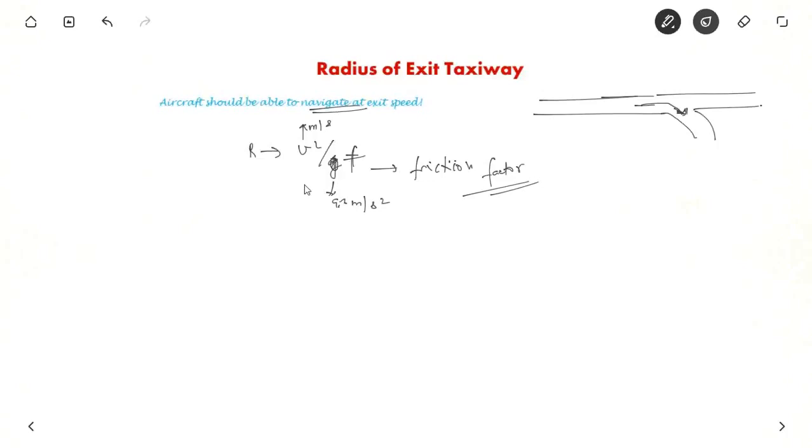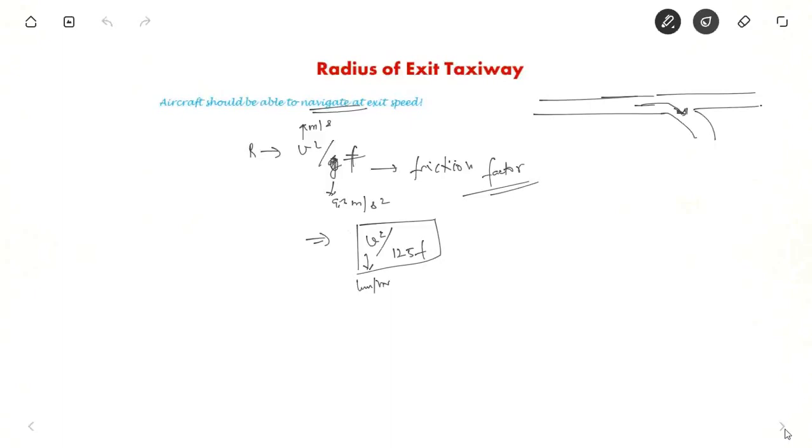This formula, if you convert this V to kilometer per hour, it will be V squared by 125 F. Applying the values of g, it will be approximately V squared by 125 F, where V is in kilometer per hour. This is the formula which you usually see in books. So this is how the radius is designed. It's as simple as that.